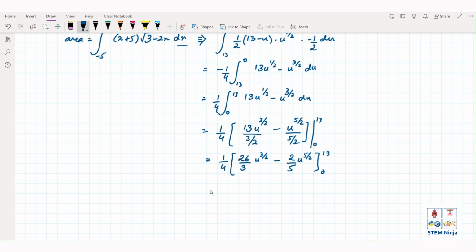Now we plug in the limits. 1 over 4 can stay outside. So 26 over 3 times 13 to the 3 over 2, minus 2 over 5 times 13 to the 5 over 2, minus the entire thing at 0, which would be 0.